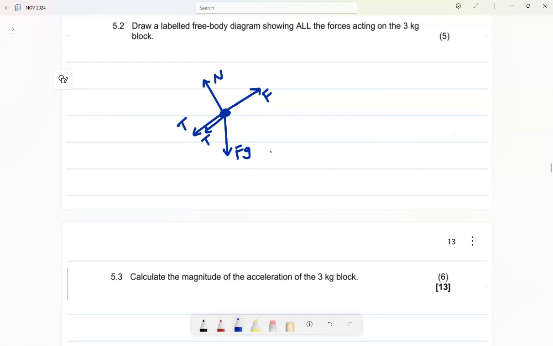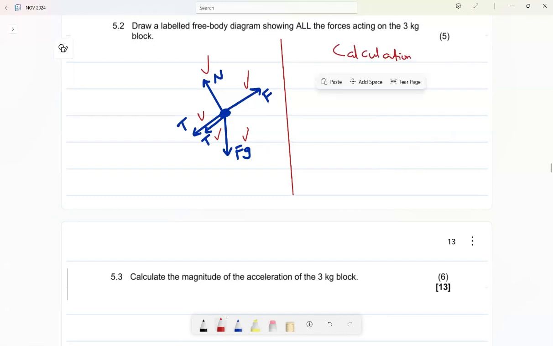But for the purpose of calculations, we're gonna break this into its components, okay? This is 5 marks because it is 1 mark, 1 mark, 1 mark, 1 mark, 1 mark. Then for calculations, we're gonna use this one. The very same one, but we're gonna now instead break this Fg into its components.